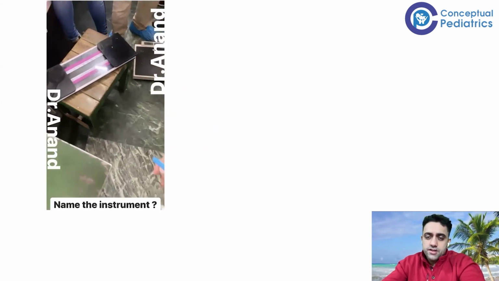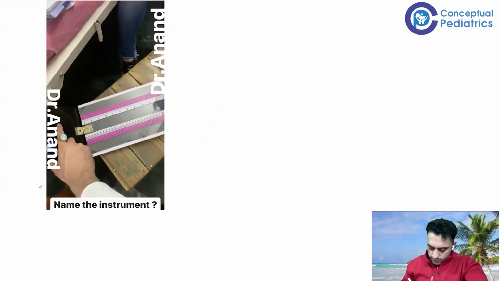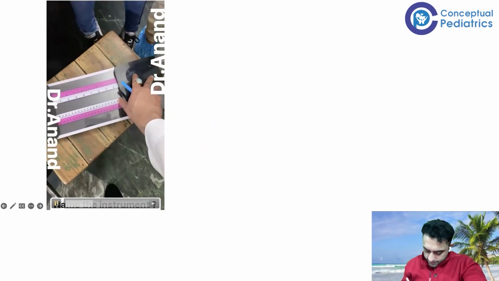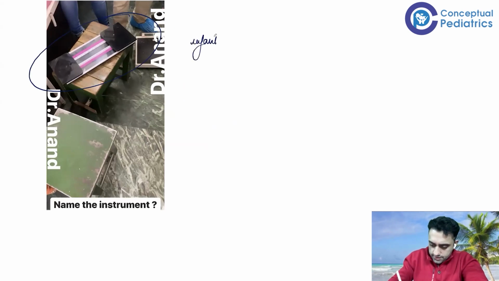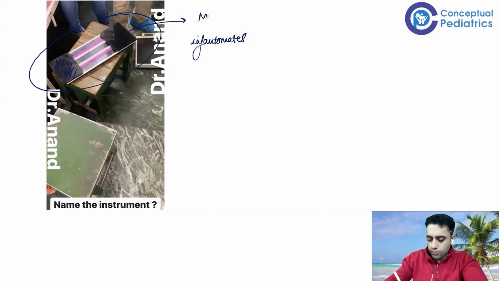Okay, this is also a very interesting question. Identify the instrument. I was doing my SRship in LHMC, so it was there. Now in front of you, this instrument. What is the name of this instrument? Very importantly, this is known as infantometer. Now one part of it is stagnant, whereas this part is movable.